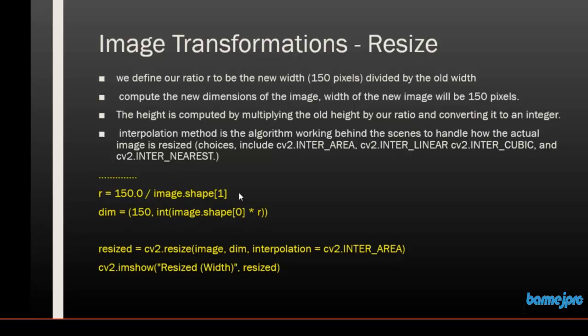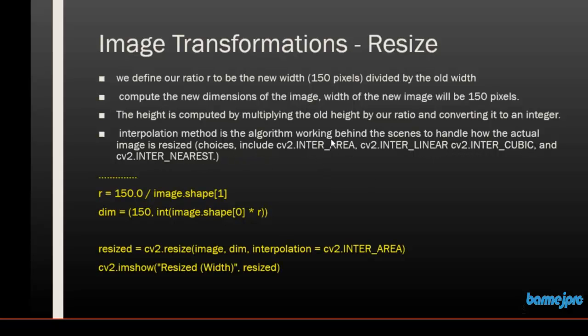Now we use a function called resize, which is part of OpenCV: cv2.resize. The first argument is the image, the second argument is the dimension that we have, and the third argument is the interpolation method, which is an algorithm used by OpenCV to perform the resize. We have a few choices: inter area, inter linear, inter cubic, and inter nearest.